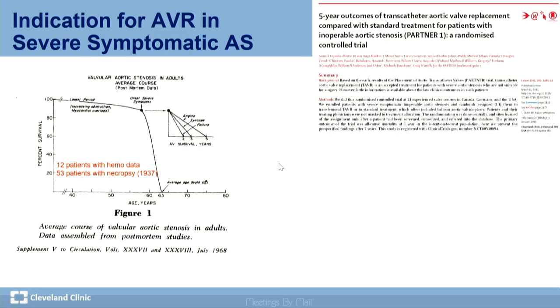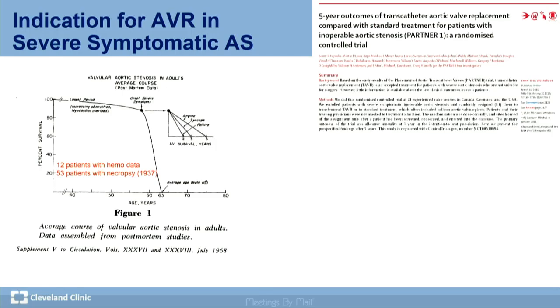When aortic stenosis became a problem and we said, okay, we want to do a TAVR trial, FDA ignored this. They said, hey, come on, you have to do the TAVR trial where people are not surgical candidates. You now randomize them to medical therapy. There's no medical therapy. So they said that you randomize them to medical therapy versus TAVR because they are not surgical candidates.